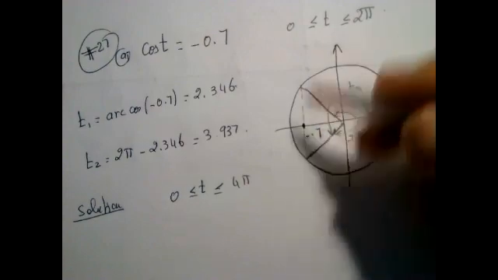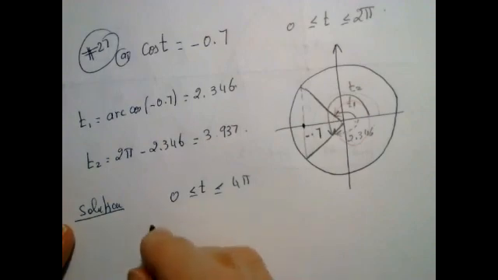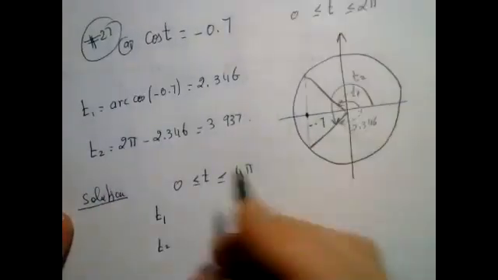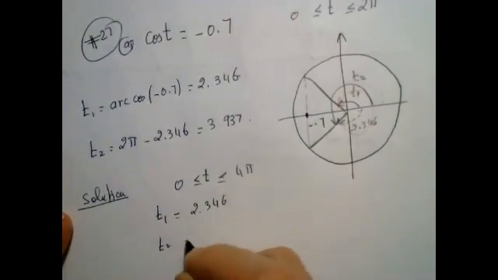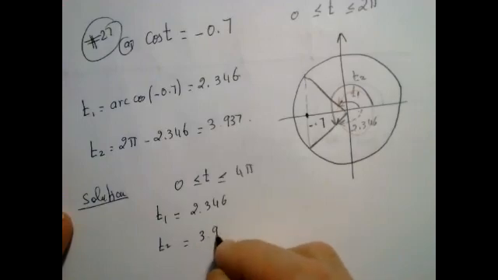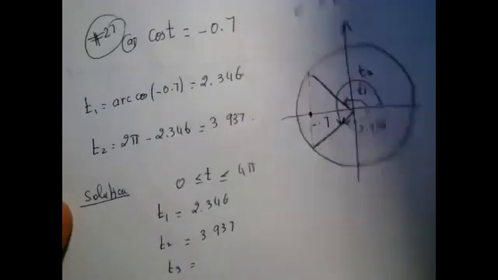You have T2, wrap around the circle once, you will have a third solution. So all the solutions would be T1, T2. T1 and T2 are the basic ones, and then you start adding or subtracting 2 pi's. So this is T3, and this is T4.